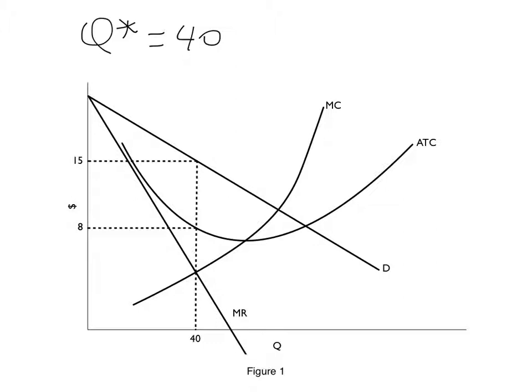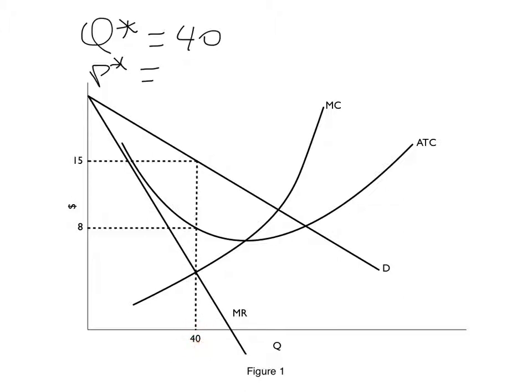We now want to ask, what's the optimal price for the firm to charge? Again, in monopolistic competition, the firms are price searchers. They must seek out the optimal price, and just like a monopolist, they're going to choose the price that corresponds to the optimal quantity.